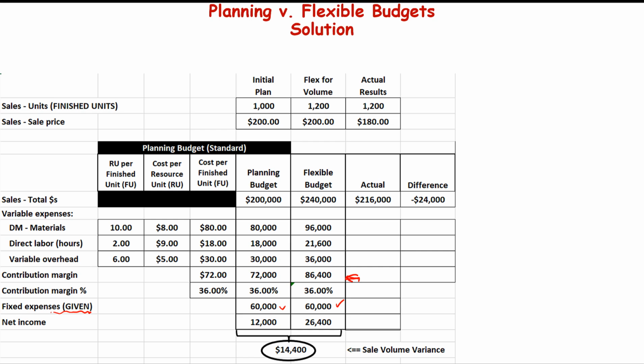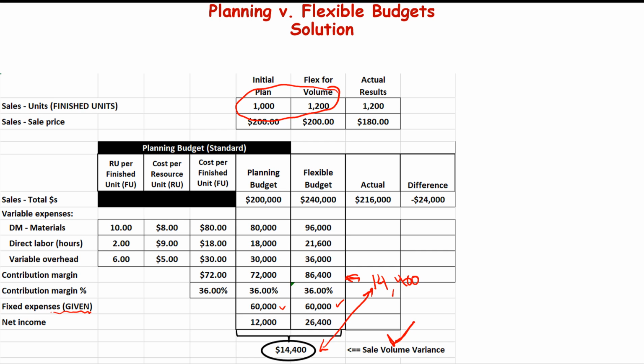The difference between your contribution margins is also 14.4. You're just subtracting 60 from both of the contribution margins, so that's why this stays the same. But that's our sales volume variance. The impact of the volume change on income between the two budgets.